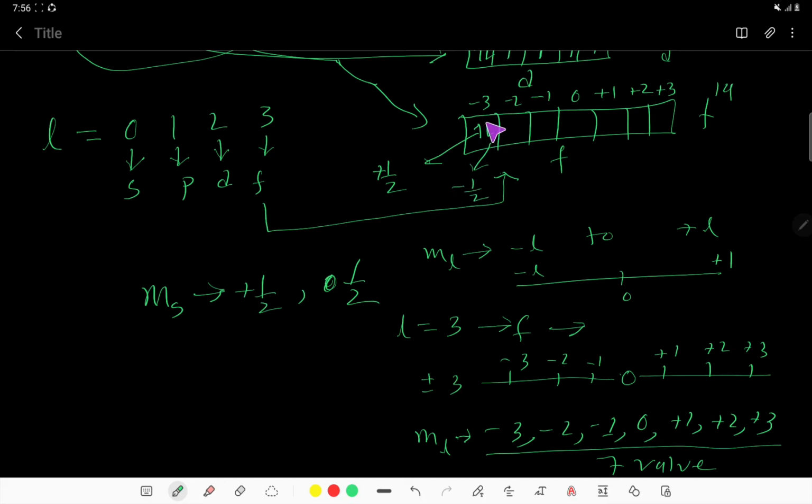That is, in an orbital, two electrons don't have the same four quantum numbers. That is, at least one quantum number will have a different value for the two electrons, right?